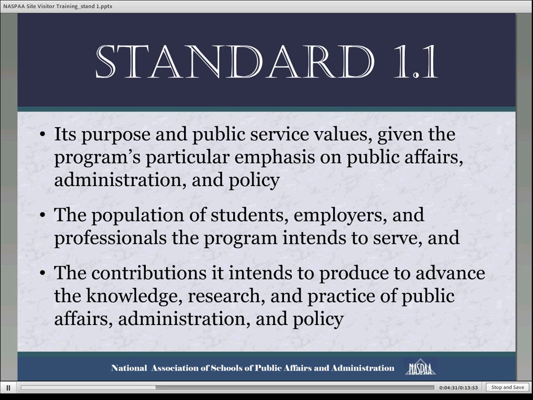It's a local program, it's a regional program, it's trying to serve the state. And if that's what a program was to say its mission is, and then it's introducing, for example, a large number of international students into its student body, or its faculty are doing a lot of work in international public administration, that's not necessarily a bad thing, but the burden is on the program to explain how that's consistent with a mission that might be articulated as a local or regional strategy in terms of why it exists and who it serves.